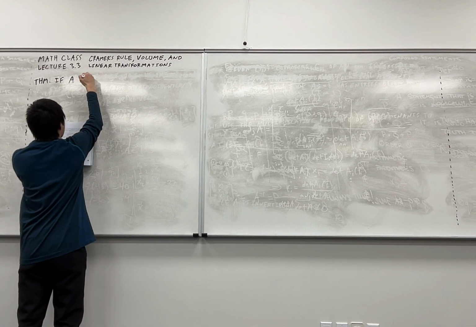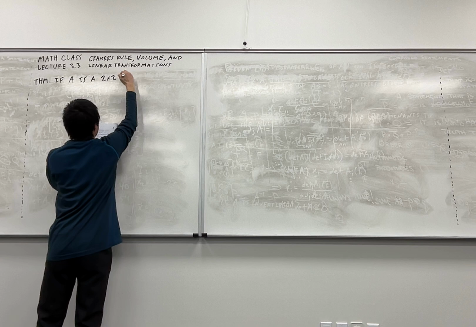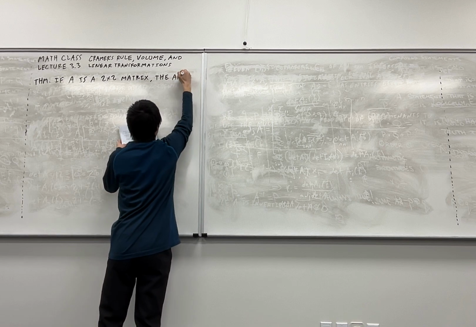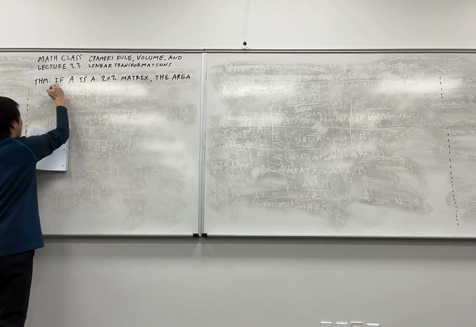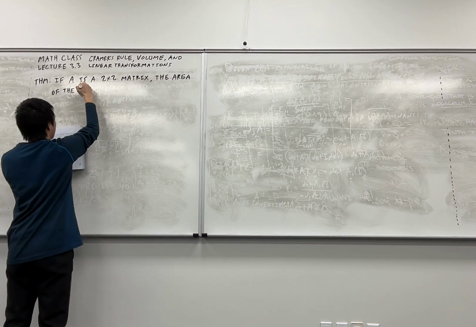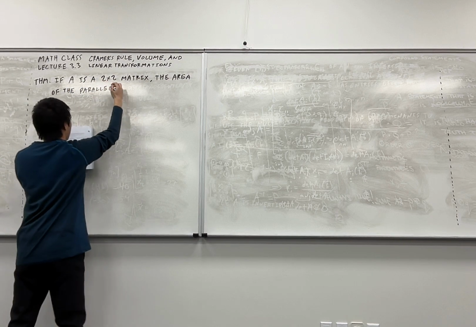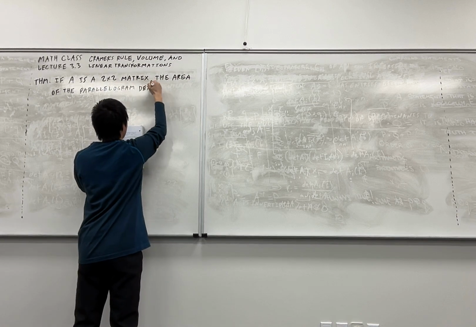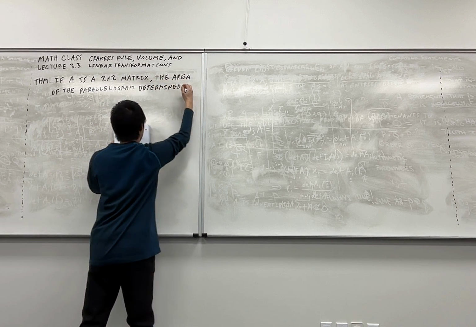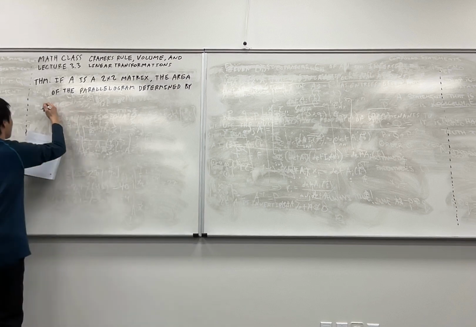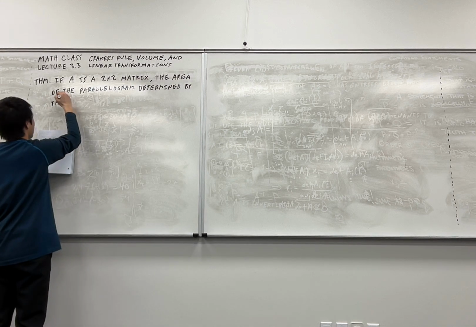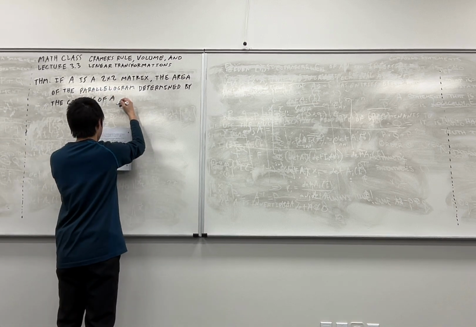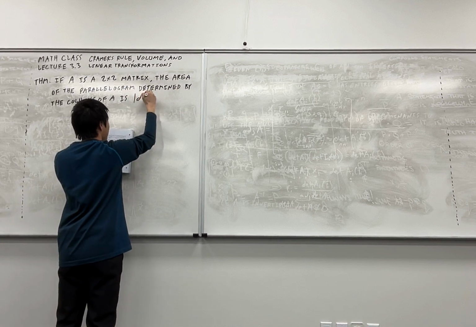So if A is a 2 by 2 matrix, the area of the parallelogram determined by the columns of A, because remember, the columns of A can be viewed as vectors, is the absolute value of the determinant.